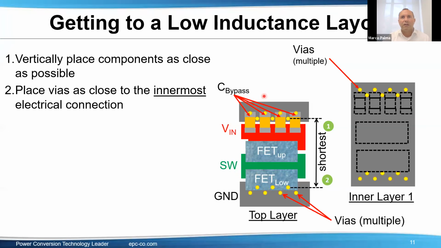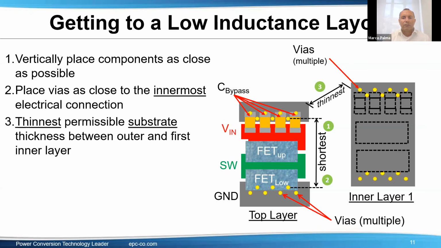These vias are used to make a very good connection to inner layer one. Next, we specify the thinnest possible substrate between the top layer and inner layer one. The reason, as I told you in the previous slide, is that you want the smallest loop possible so that all the high frequency current flows into it.